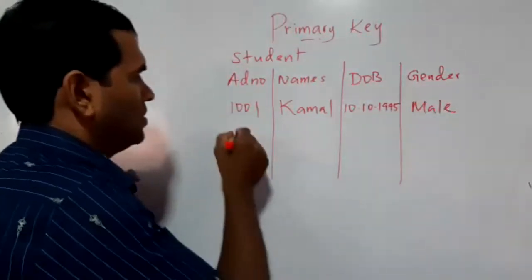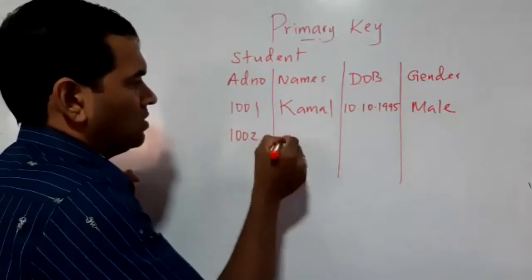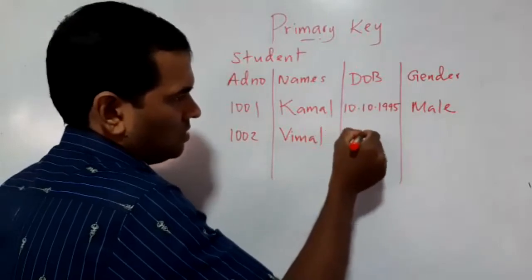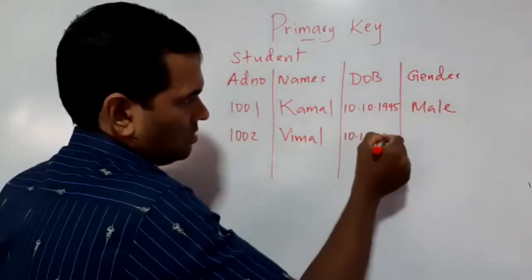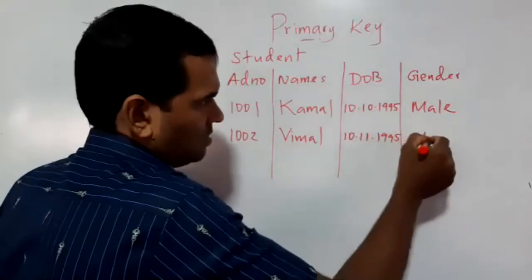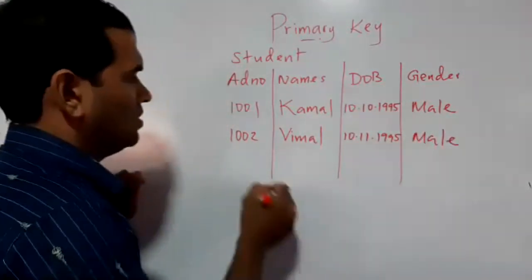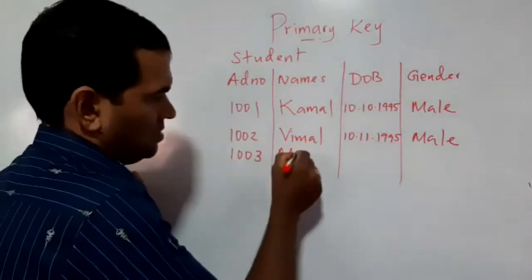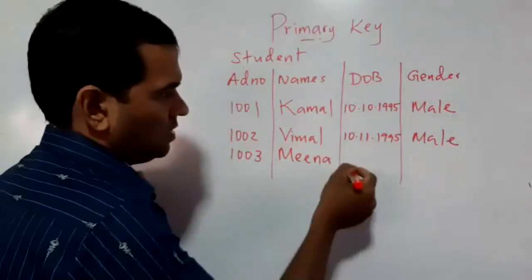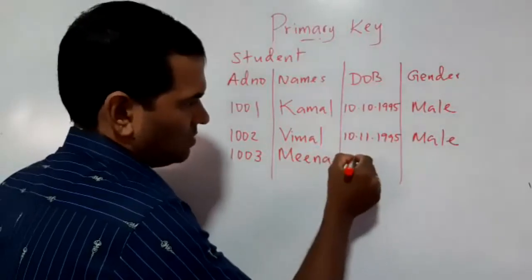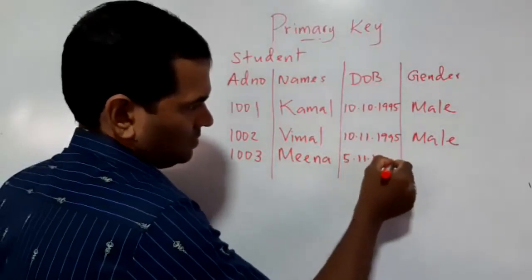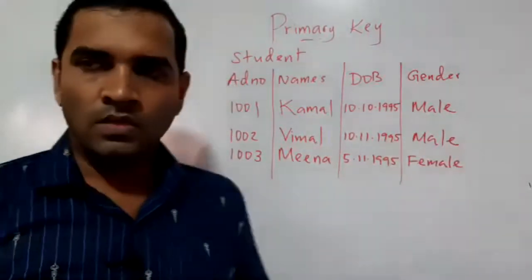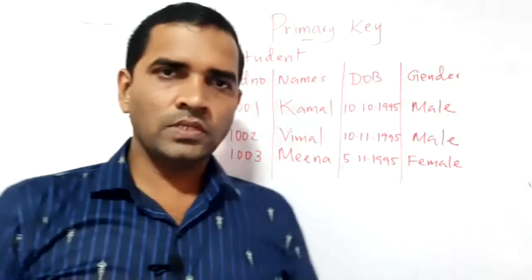There is another student, and we have another one, Meena. Right, enough. So we have 3 records in this table.